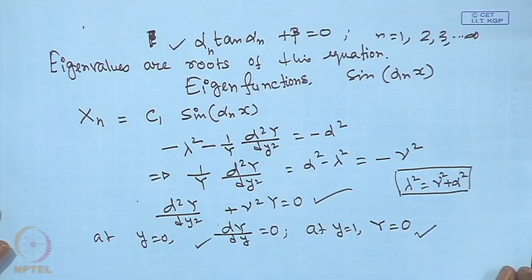And if you remember, for this particular problem the eigenvalues will be (2m minus 1) pi by 2 and the eigenfunctions are cosine functions. So, this is again a standard eigenvalue problem.